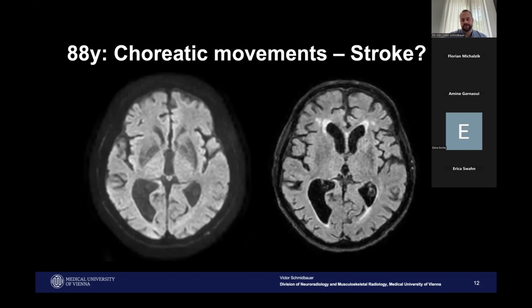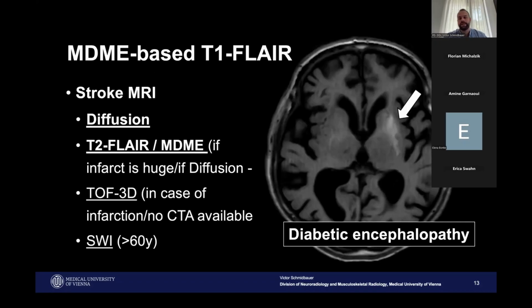What is interesting in this case, this is a T1 weighted FLAIR sequence based on SyMRI. And what you can see here is hyperintensity in the basal ganglia on the left side. This is a typical feature of diabetic encephalopathy, which also explains these choreatic movements.